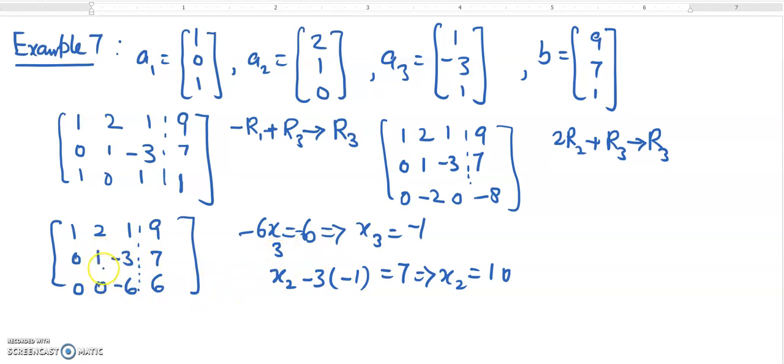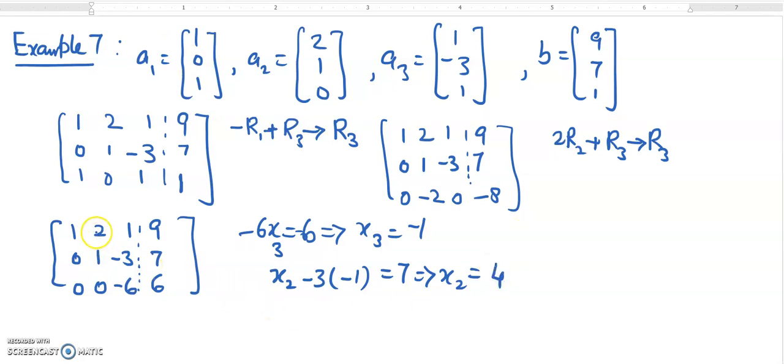So x2 minus 3 into minus 1 is plus 3, and then this plus 3 goes over there, so 7 minus 3 is 4. So x2 will be equal to 4.